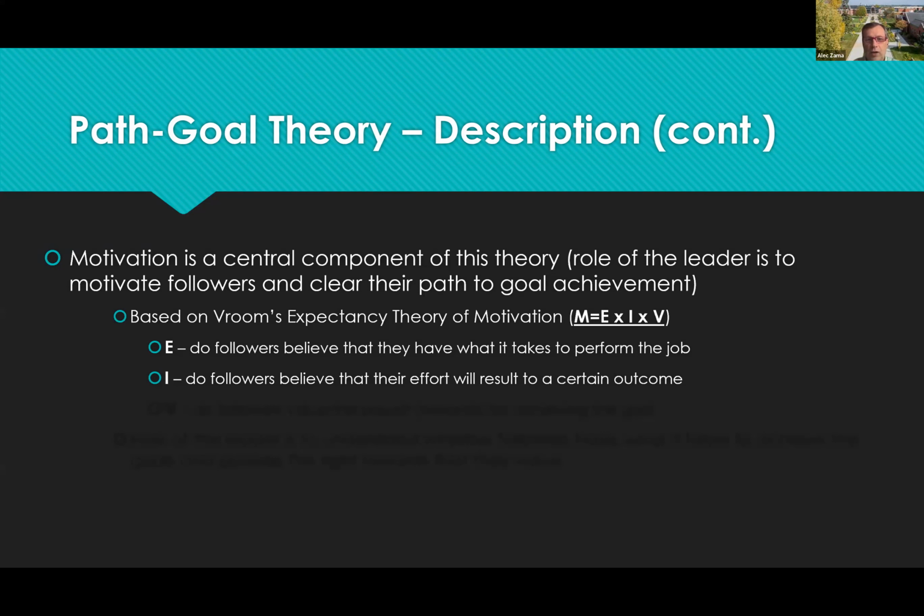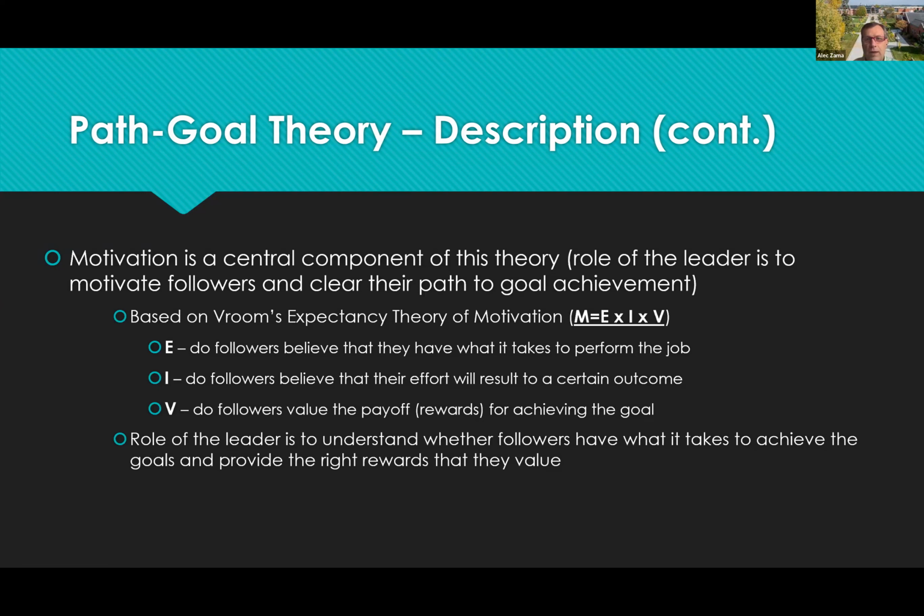Instrumentality: do followers believe that their effort will result in a certain outcome? So if I'm going to work hard, am I going to achieve the goal? And if I achieve the goal, is there some type of payoff or reward for achieving that goal? And do I value it? Those are the three elements of the expectancy theory of motivation.